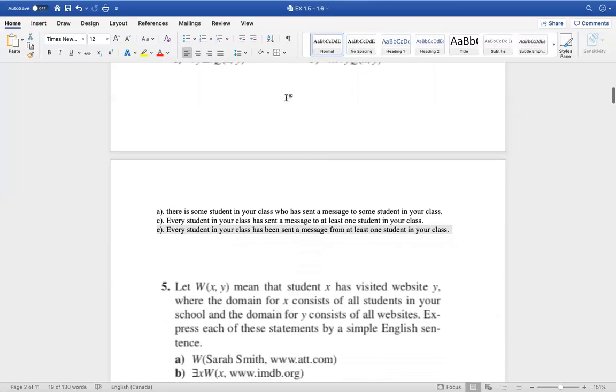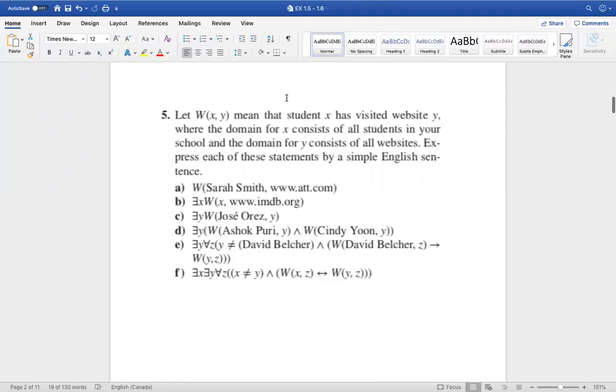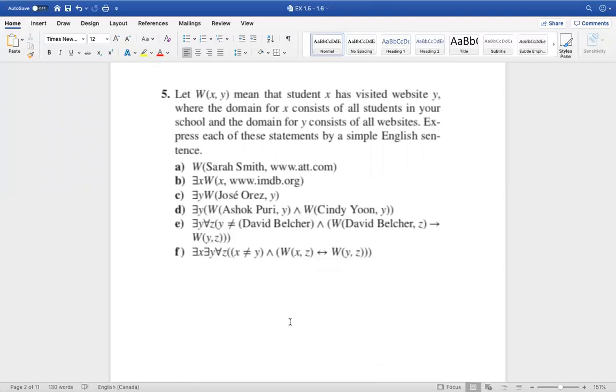Okay, let's move on to the next question. It's more or less the same question. We have the statement here. W(X,Y) means that student X has visited website Y. The domain of X consists of all students in your school, and the domain of Y consists of all websites.